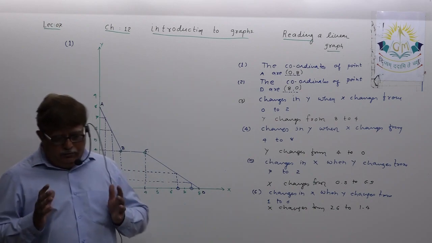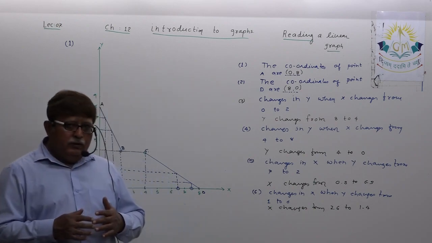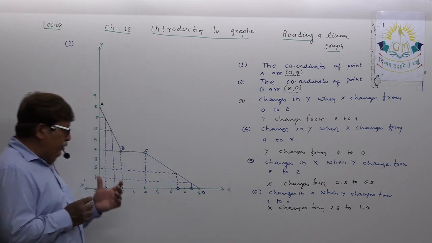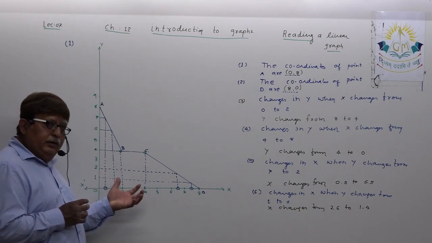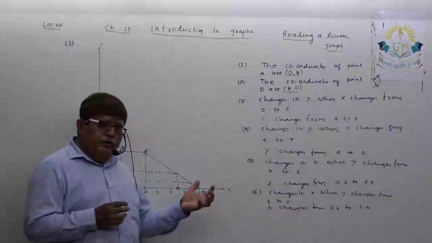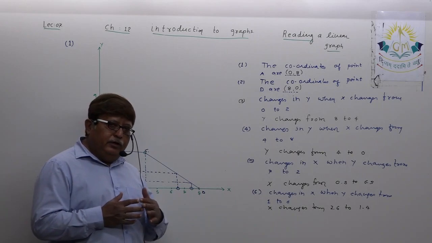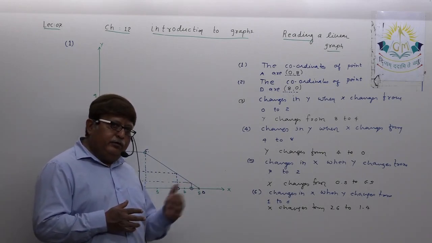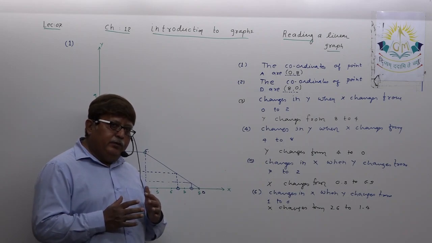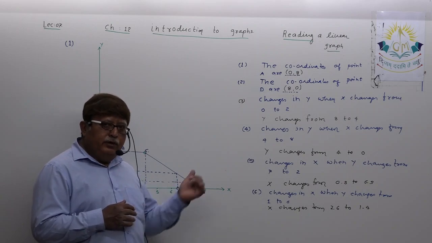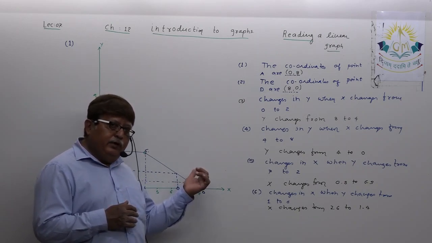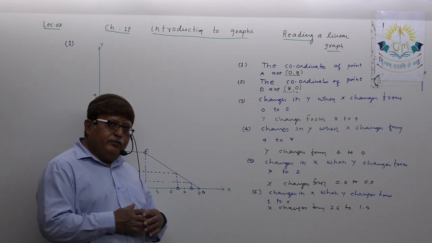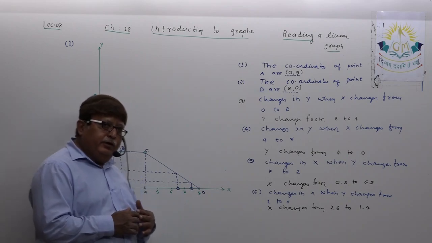Okay, so dear student, the guidance is you need to develop the skill of reading a linear graph in the exact way. Once you develop the skill of reading the graph in an exact manner, then you will be able to answer all questions very easily. Understood?